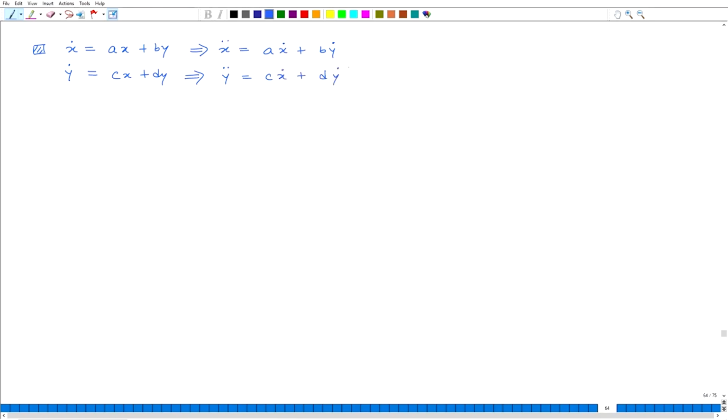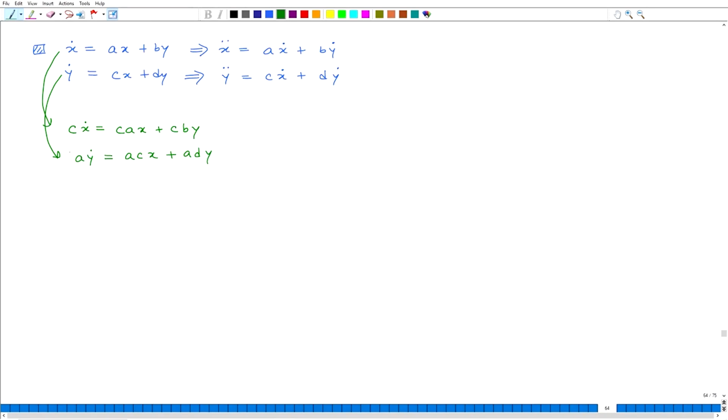Again, you can also write from this equation cx dot is equal to cax plus cby, and from this equation you can write ay dot equal to acx plus ady.